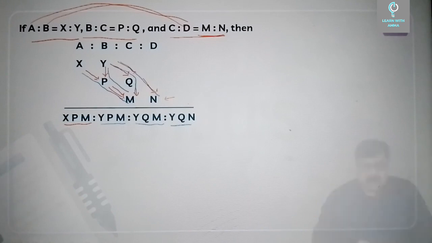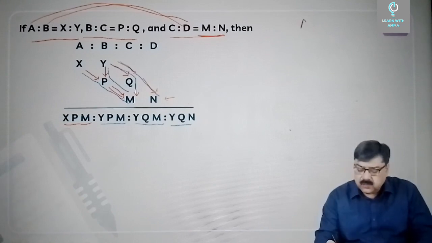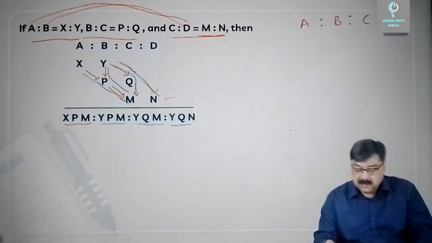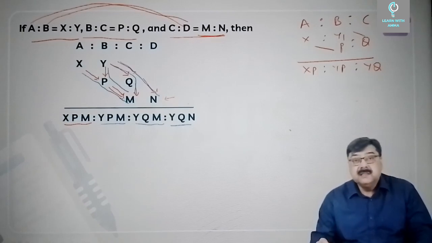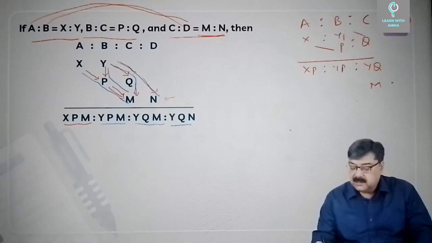So quite simple. Now another way in which you could have done is, you already know how to find out A is to B is to C. Now this is x is to y, and this is p is to q. So from this you find xp is to yp is to yq. Now below that you have C is to D, which is m is to n.